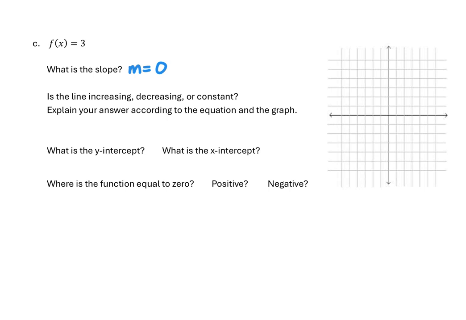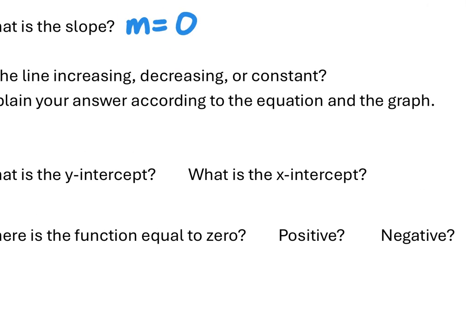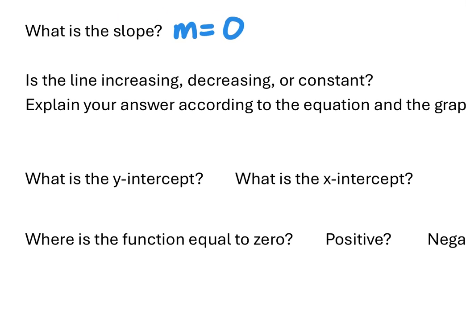It's not decreasing, because decreasing means it's negative, which leaves us with our final option, that this is constant. Since our slope is 0, it is a horizontal line. This is a flat line, which means it's just constant.